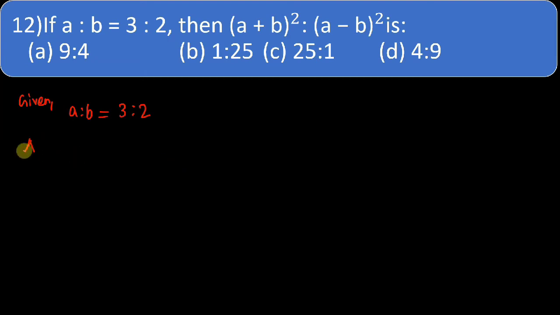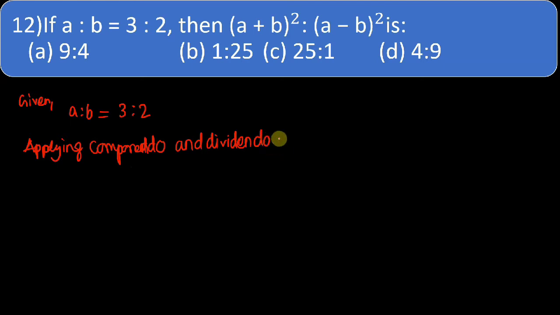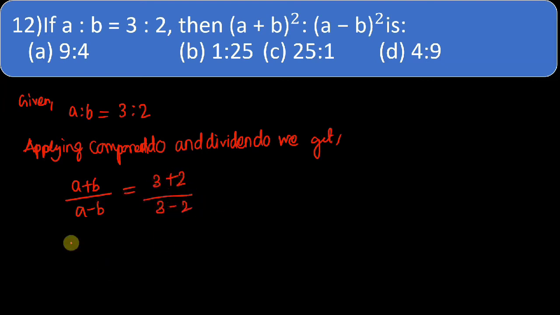So applying componendo and dividendo, we get a plus b by a minus b as 3 plus 2 by 3 minus 2.